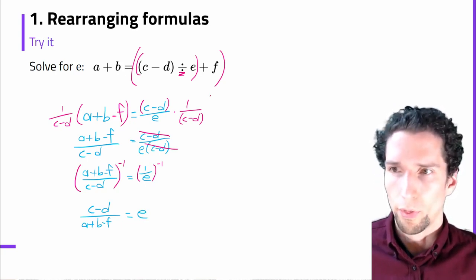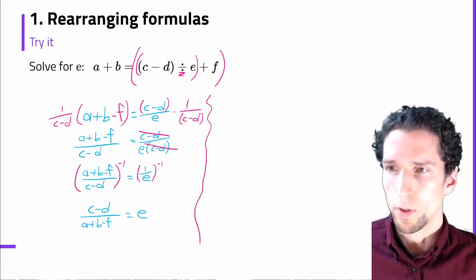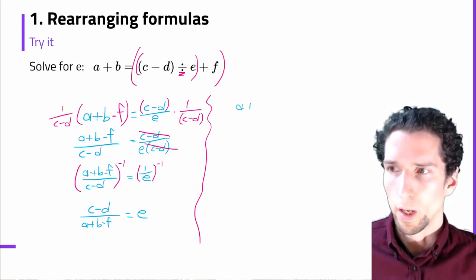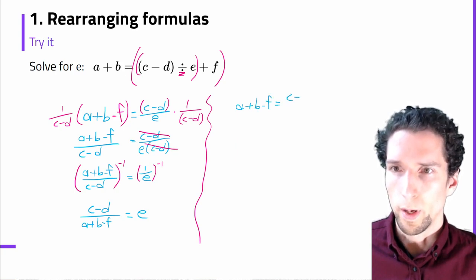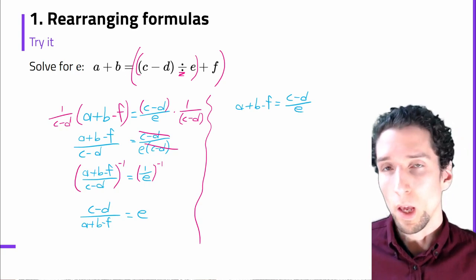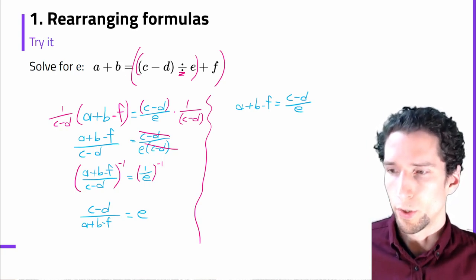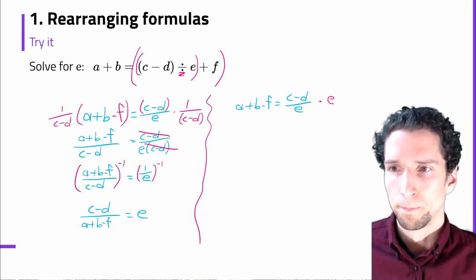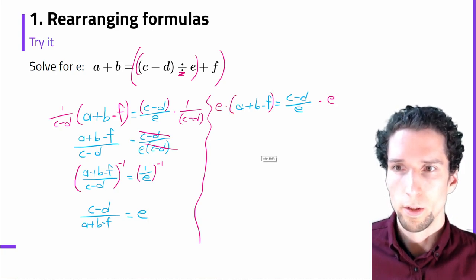Just for the sake of thoroughness, in case that was confusing for you, if you want a different way of thinking about this, when we are at this stage, a plus b minus f equals c minus d over e. Another way of thinking about it, which will give us the same result, is just to multiply both sides by e, like this.